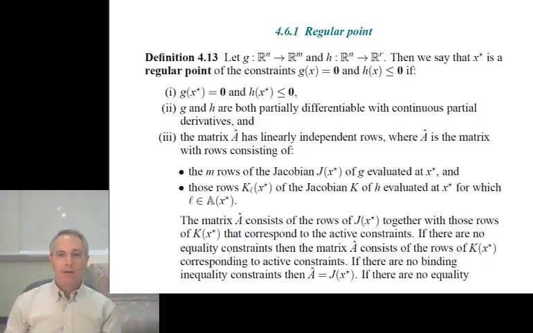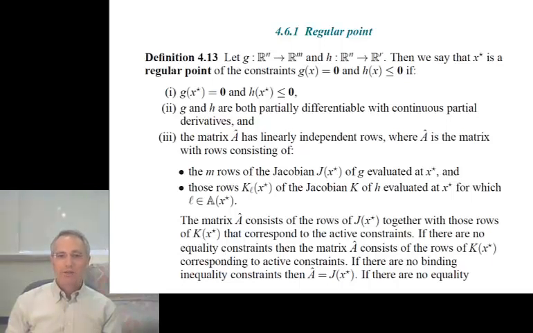X star is said to be a regular point of the constraints gx equal to 0 and hx less than or equal to 0 if X star satisfies the constraints, if g and h are both partially differentiable with continuous partial derivatives, and if the following matrix has linearly independent rows. It'll have a very similar role to the role of the analogous matrix in the linear constraint case.